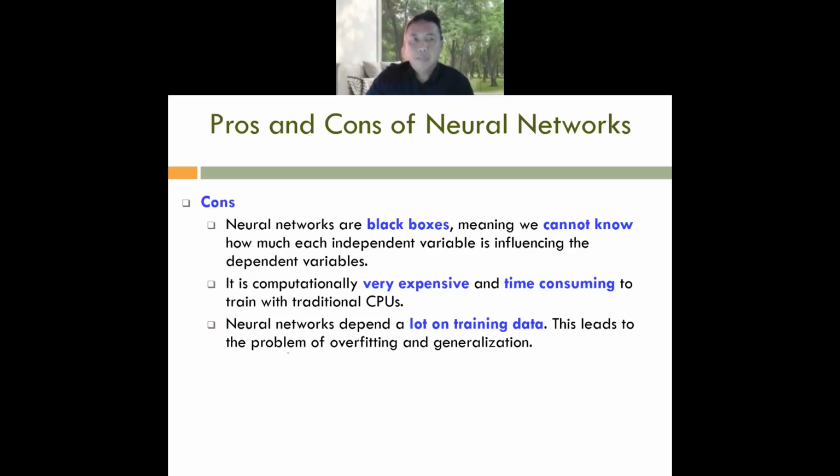And nowadays for image classification, you need a GPU in order to process them. And like I mentioned just now, neural networks depend on a lot of training data. Okay. Any question?